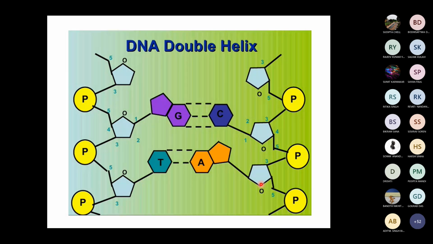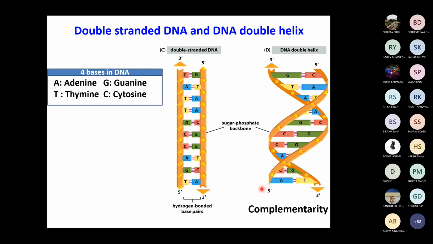Yeah, exactly. Based on the sugar notations, you can see the structure here. Here the sugar structure is pointing upwards, this 3' to 5' end, and here it is pointing downwards. Can you see the sugar? Clear, class? Yes, ma'am. Okay. Good.